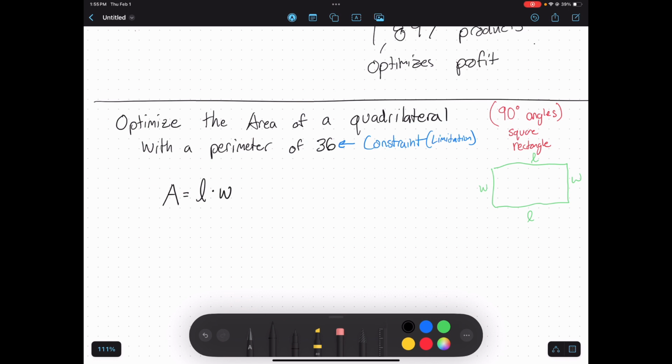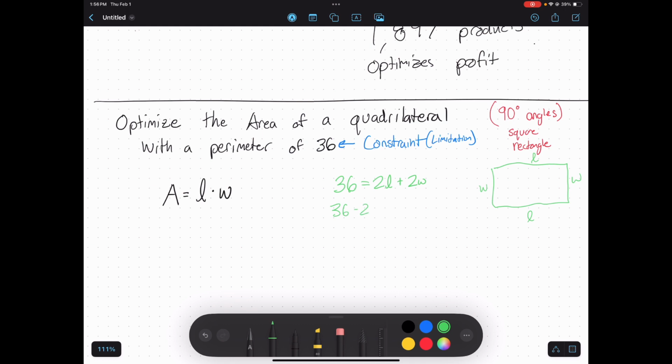Well, I can write an equation for perimeter. My equation for perimeter is 2L, you've got a length on bottom and a length on top, plus 2W, you have a width on the left and a width on the right. To get perimeter, you add all of your sides together. What does it need to equal? It needs to equal 36. So it turns out I have an equation for my constraint. But what do I do with this? Well, what I can do is solve for one of my variables.